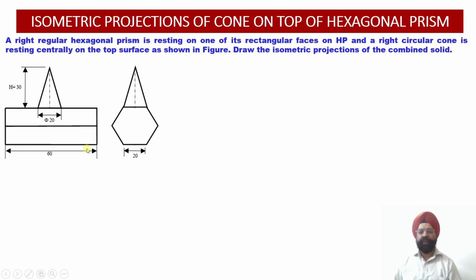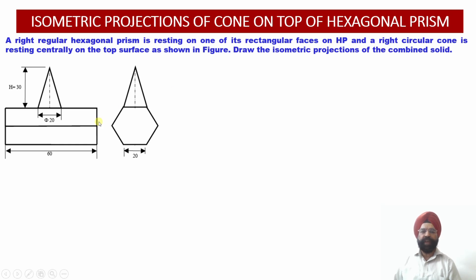This is the front view of this particular hexagonal prism, and it is resting on the ground on one of its rectangular faces. So in the front view, we can find that this hexagonal prism is resting on the horizontal plane on one of its rectangular faces, and its axis will be parallel to the horizontal plane.